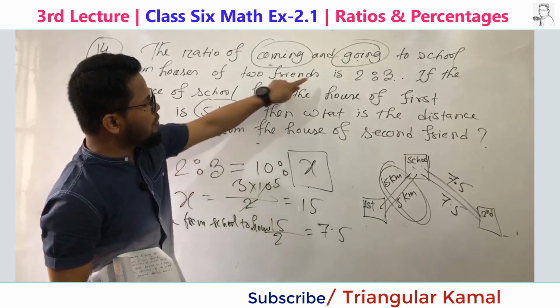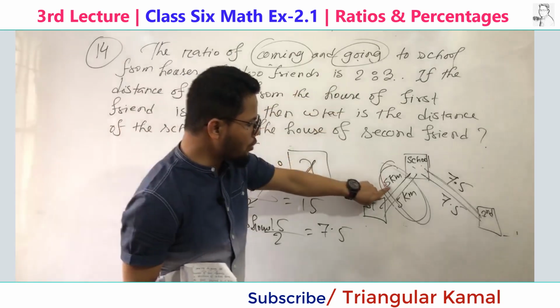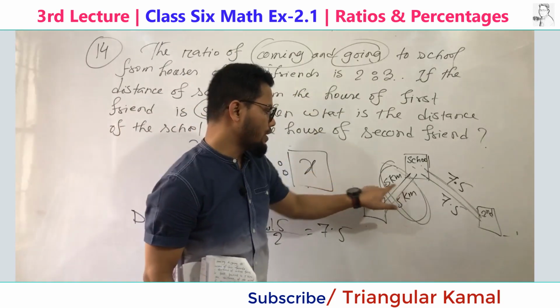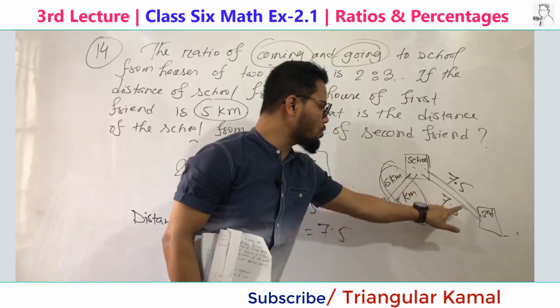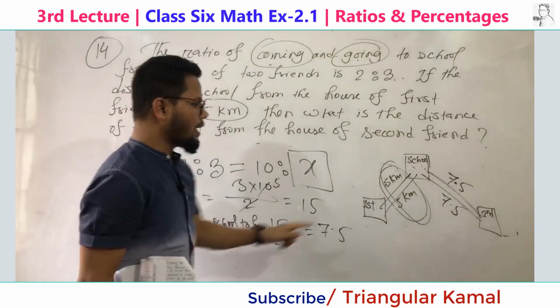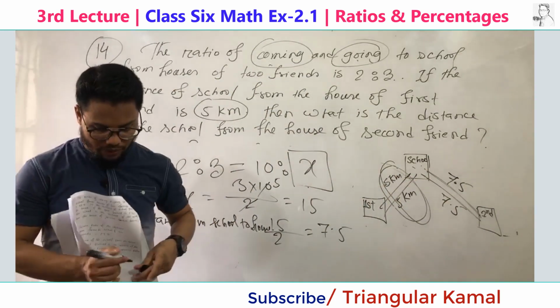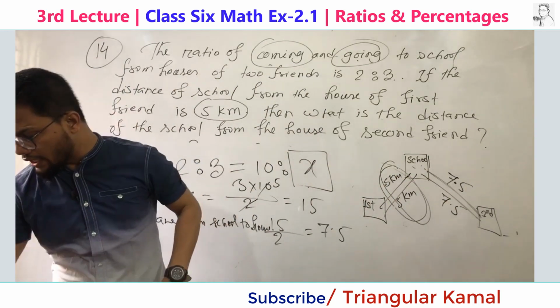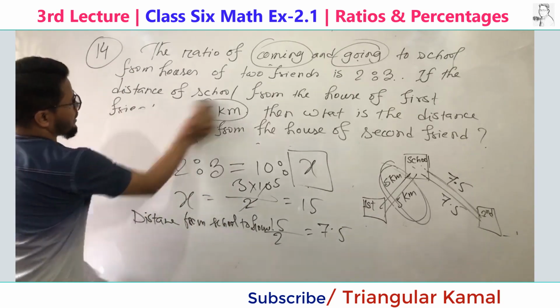In our previous step, we used only equivalent ratios, but here we found the total distance, 10 kilometers. Then you will get the second friend's house to school total distance, which will be 15. Then the average distance will be 7.5 kilometers.